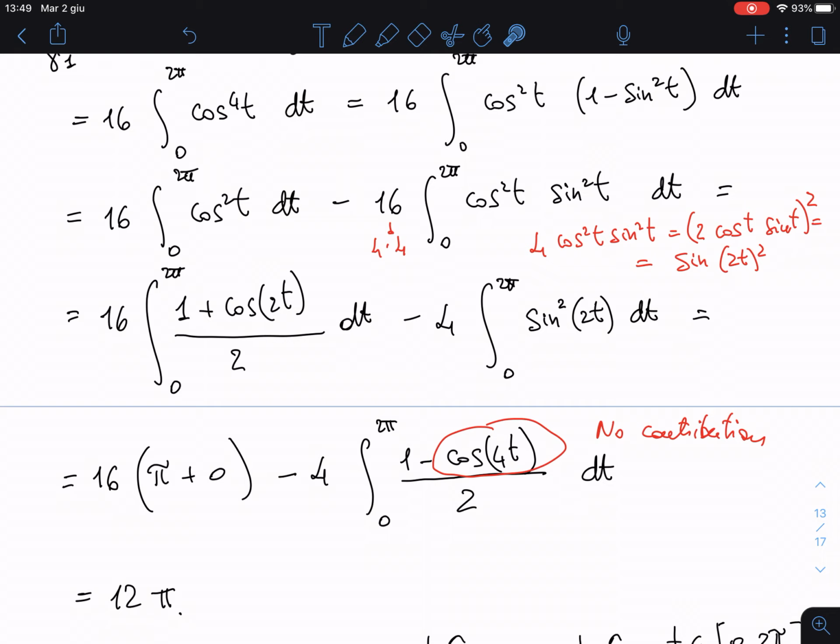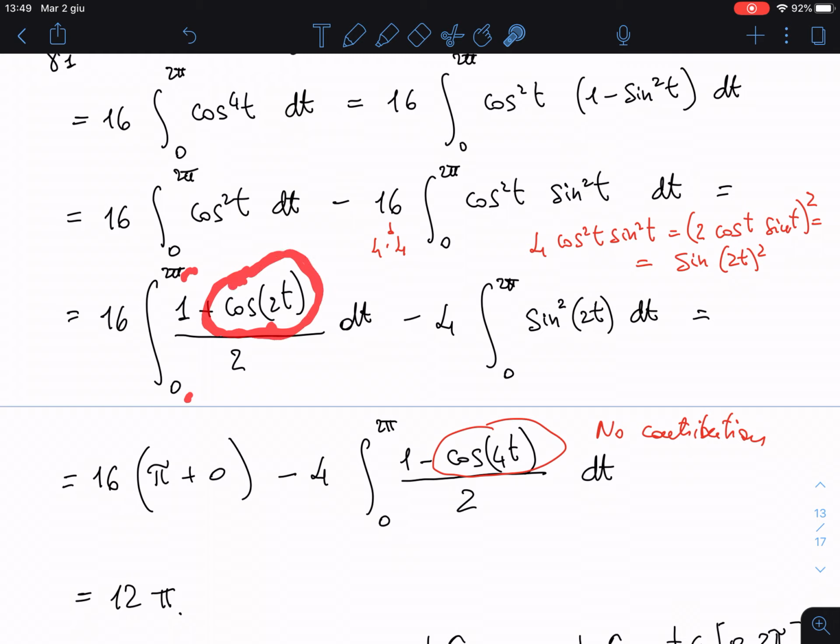Then in the second term we have to integrate cosine of 2t divided by 2 from 0 to 2 pi. But cosine of 2t is a periodic function of period pi, because there is 2t. So if we integrate it between 0 and 2 pi, we integrate the cosine over 2 periods.